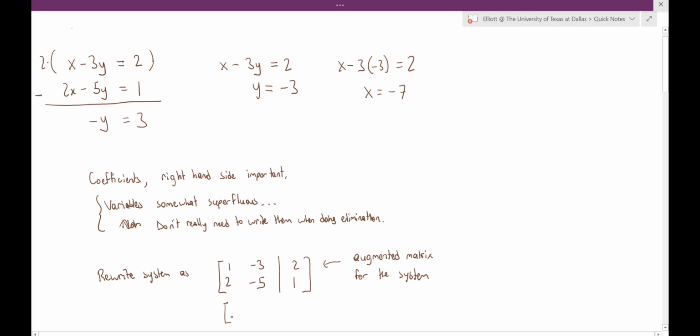If we just look at the coefficients and just put those into a matrix, this we refer to as the coefficient matrix. Okay.